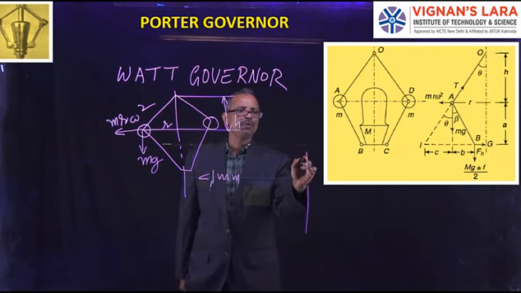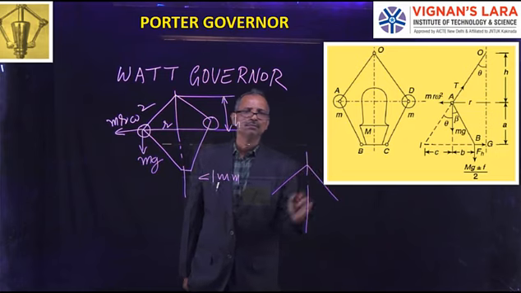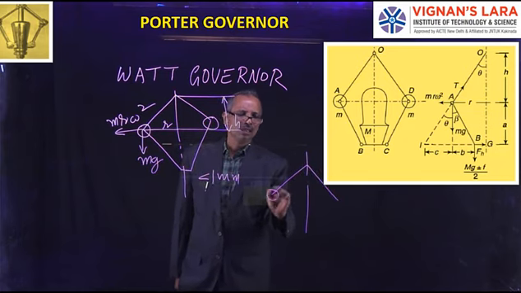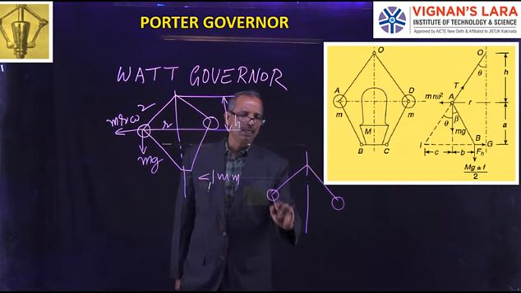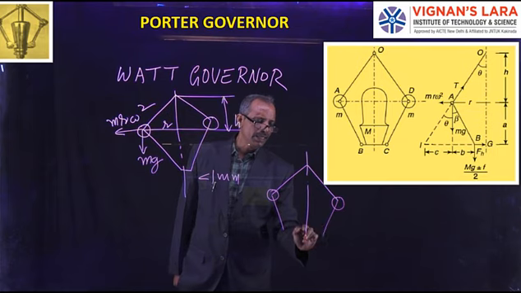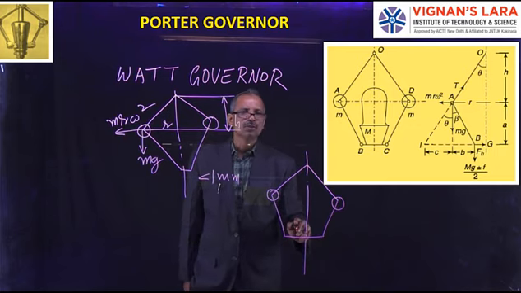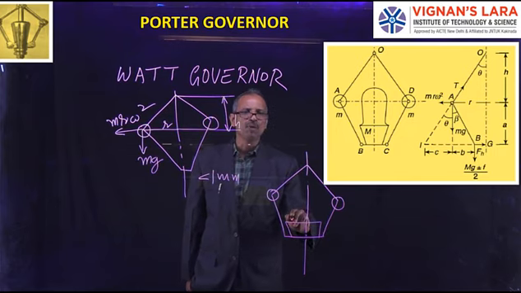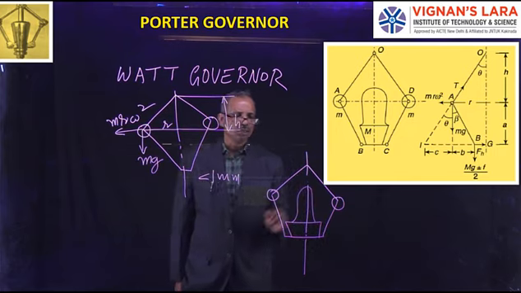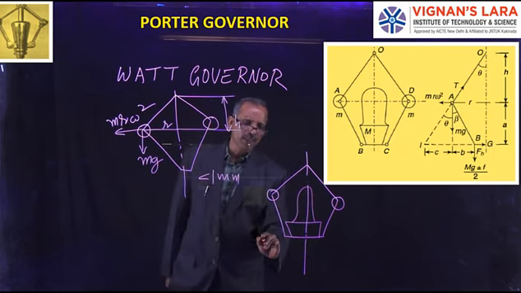A fly ball is added, and a sleeve mass is also added at the center. So we will be placing some sleeve mass. This is the arrangement for your Porter governor.